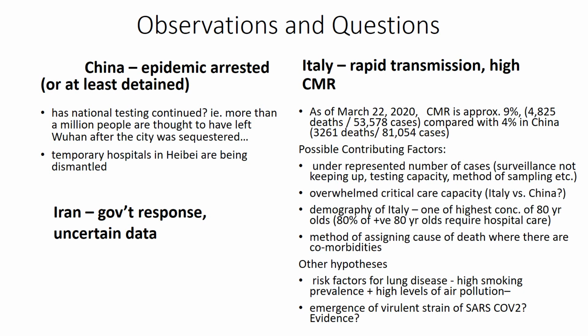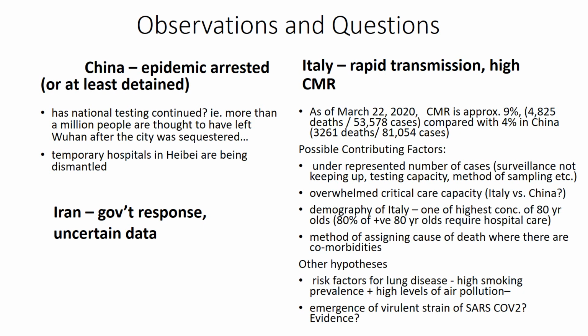How widespread and how good their sampling is for testing is a question, but they have been able to bring a lot of resources and a lot of personnel to this challenge, and we hope there's good success there. A good sign is that the temporary hospitals in Hubei are being dismantled, or by now are probably already dismantled.